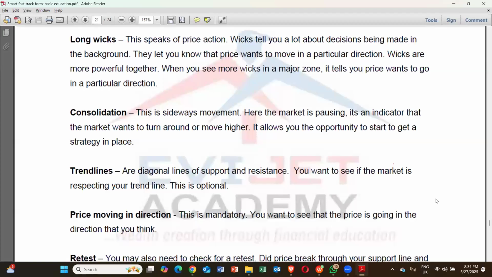Then something is wrong. When you say this market should buy, within that first 5, 10, 15 minutes, even if the movement is sideways, it should be more in the direction you want to buy.